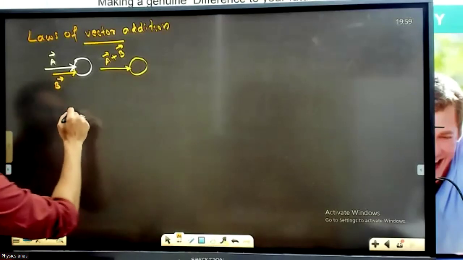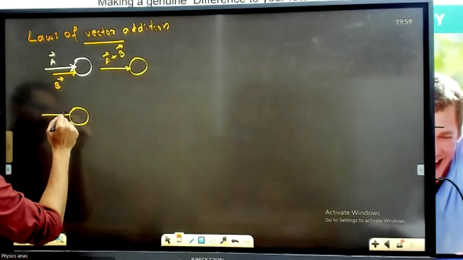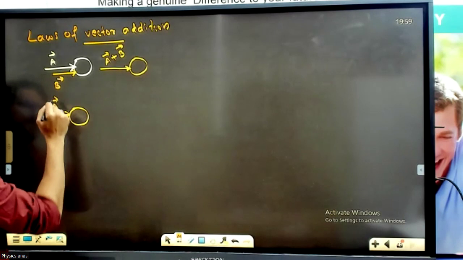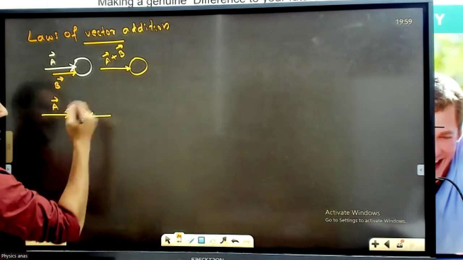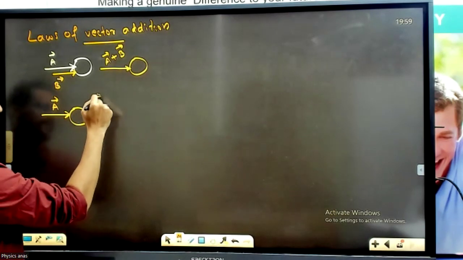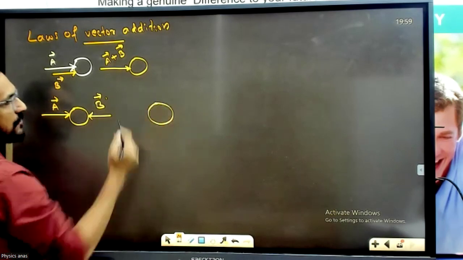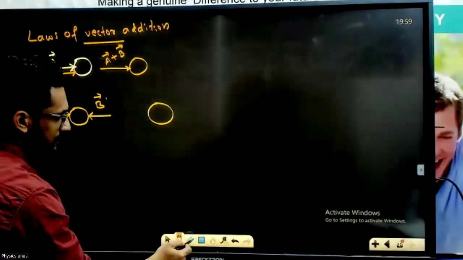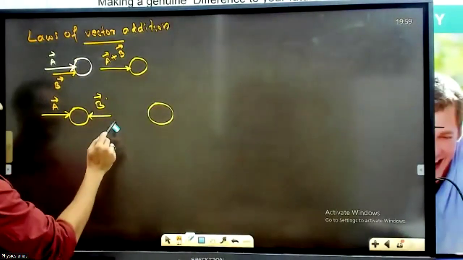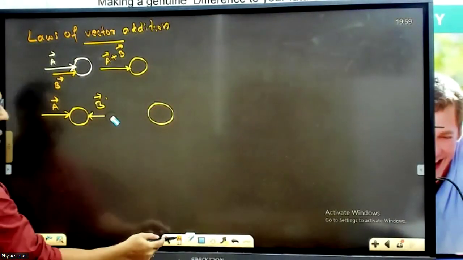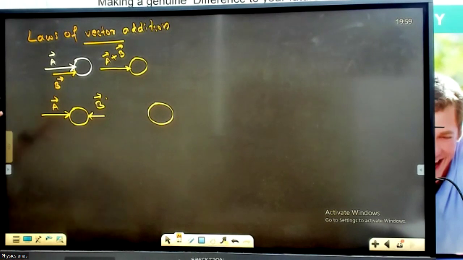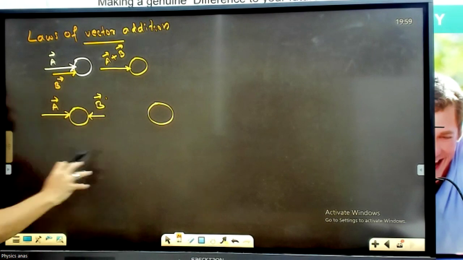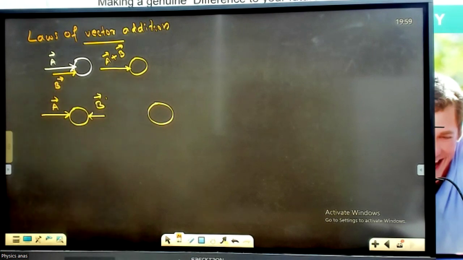What if they are acting in opposite direction? This is A, and B is another vector acting in the opposite direction. If B is a smaller vector, what will be the combined force on this ball?